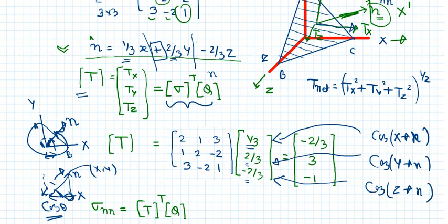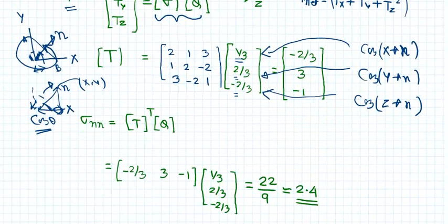So first is nothing but the Tx, second is Ty, third is Tz. So traction force in x direction, y direction, z direction can be computed like that. So we have the values of traction force in terms of minus 2 by 3, 3 and minus 1.